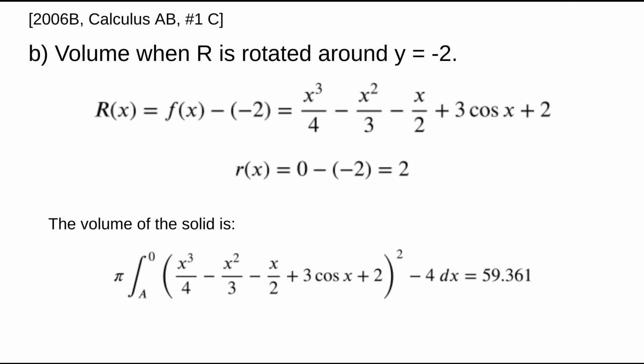If we set this up as a volume integral, we have pi times the integral from a to 0 of our big R function squared minus our little r function squared dx. Again, it's a calculator active question, so let your calculator do this work. That volume is 59.361.